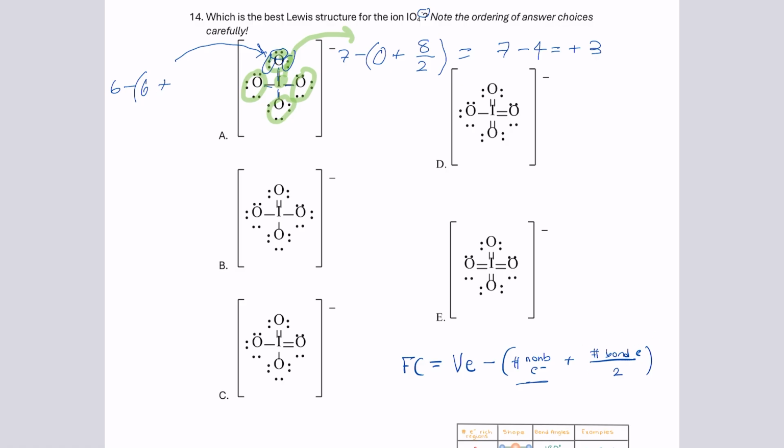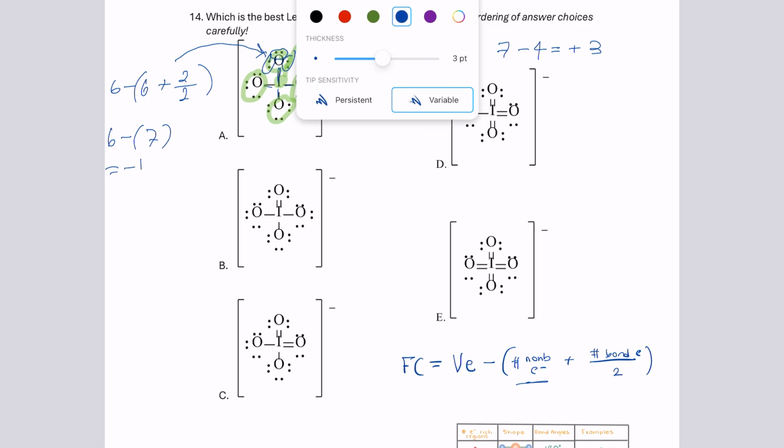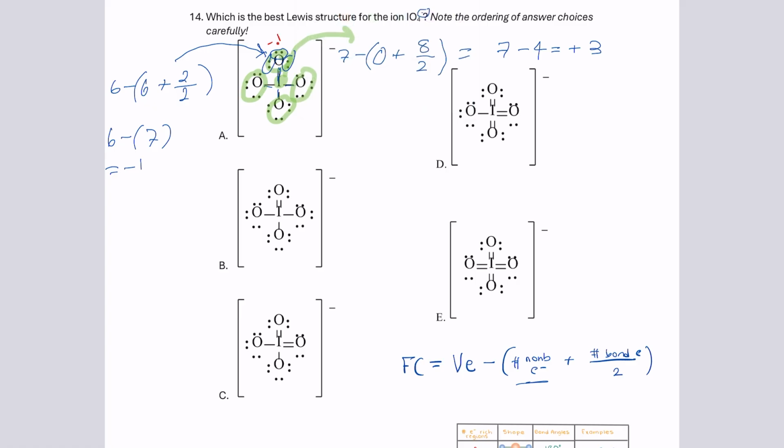There's only one bond with 2 electrons, divided by 2. So what we have here is 6 minus everything in the parentheses, which is 7. 6 minus 7 is equal to negative 1. So every oxygen atom here has a formal charge of negative 1, with the central atom having a formal charge of plus 3. Then we want to repeat the same process for each option.